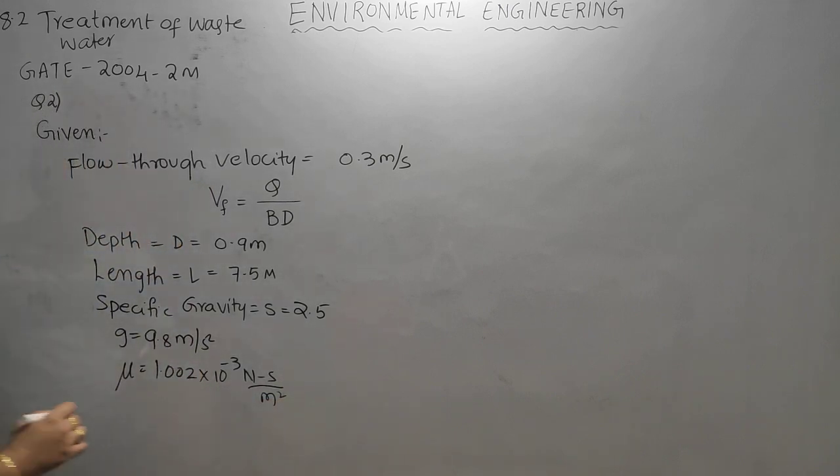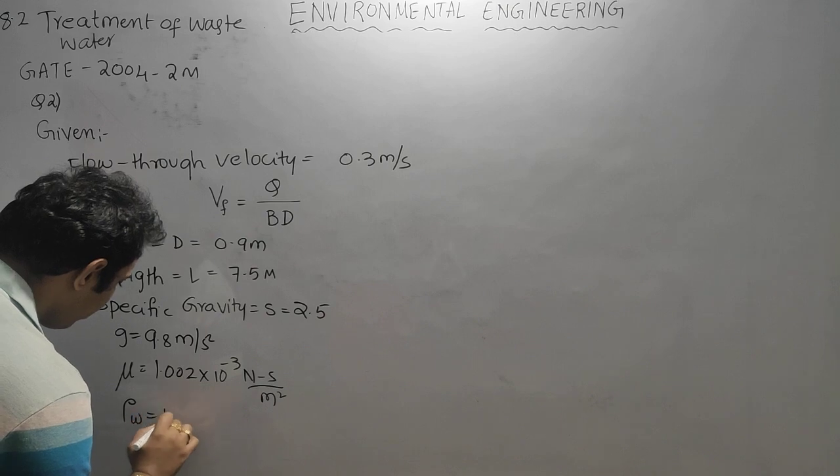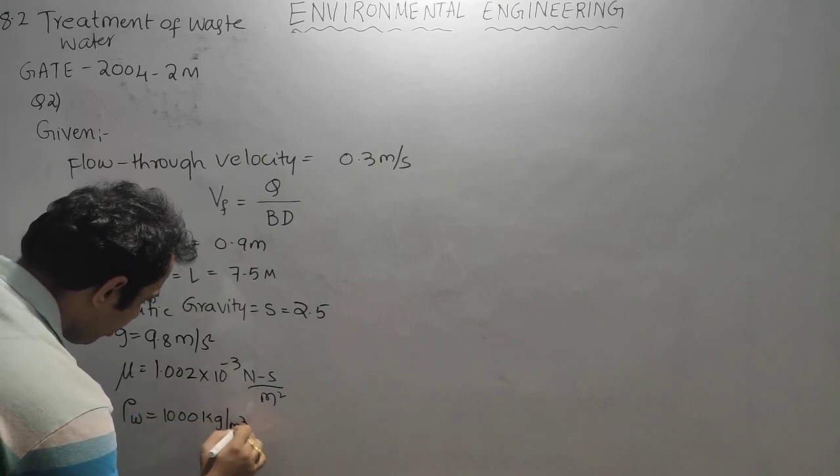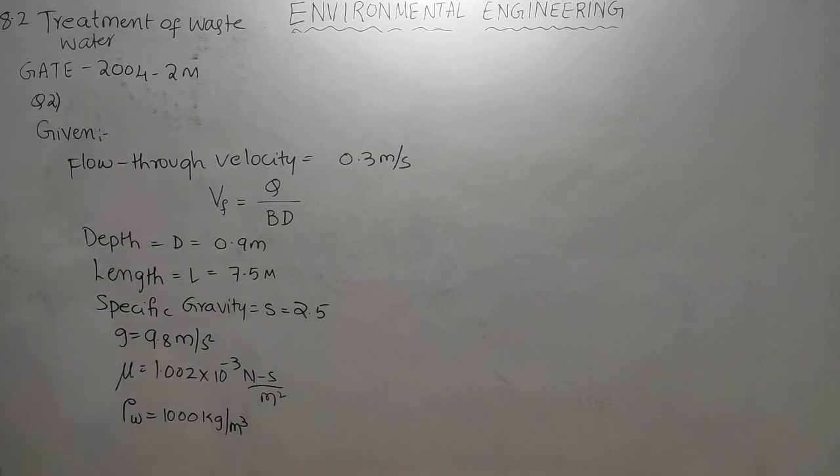Rho W is 1000 kg per meter cube. So this is what is given.